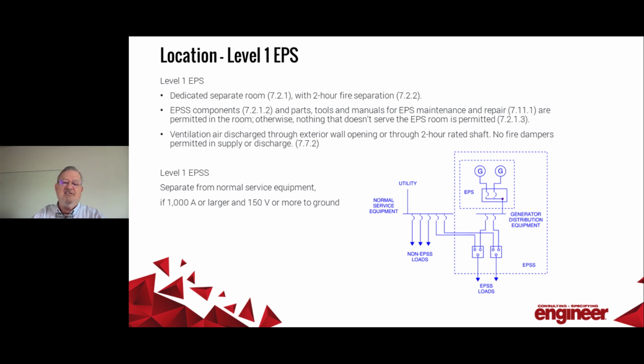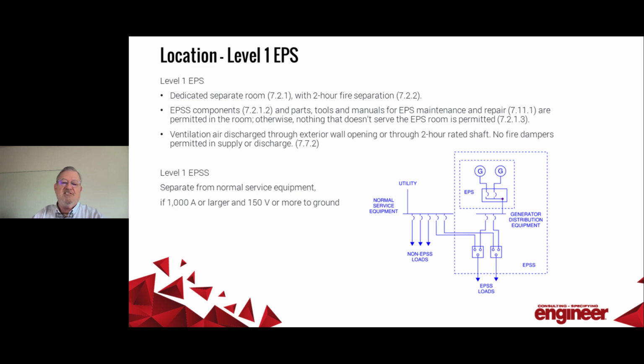Ventilation, air supply, and exhaust have to come through a wall opening or a shaft, air shaft with a 2-hour fire rating. And there are no fire dampers allowed in those shafts for level 1. If the normal service equipment is rated over 1,000 amps and operates at over 150 volts to ground, so it would for us in the US be typically a 480 volt system, then no components of the EPSS, again, anything in the standby system that's upstream of the load contacts of the transfer switch, can be in the room with the normal service equipment.